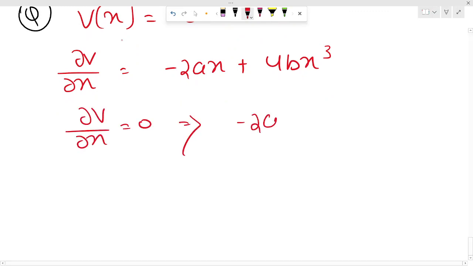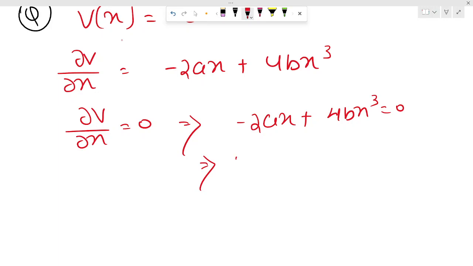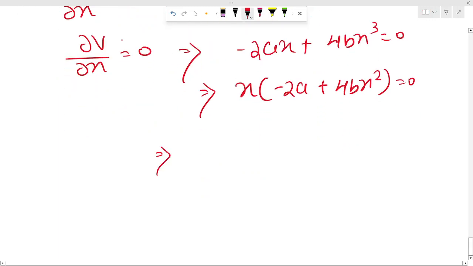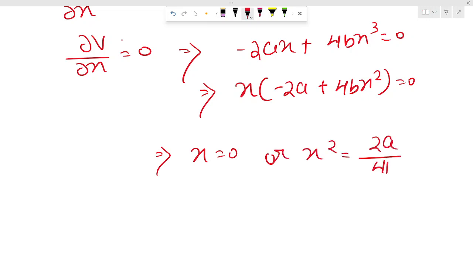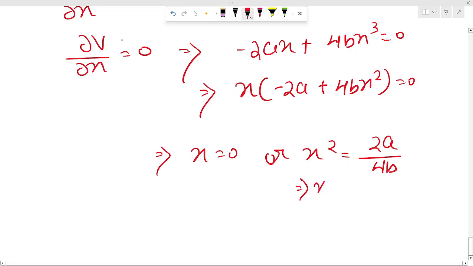So it will become minus 2ax plus 4bx cube is equal to 0. So from here, you can calculate x as minus 2a plus 4b x square is equal to 0. That implies x is equal to 0 or x square is equal to 2a upon 4b, okay? And you can write x as root over of a upon 2b, isn't it? Yes.